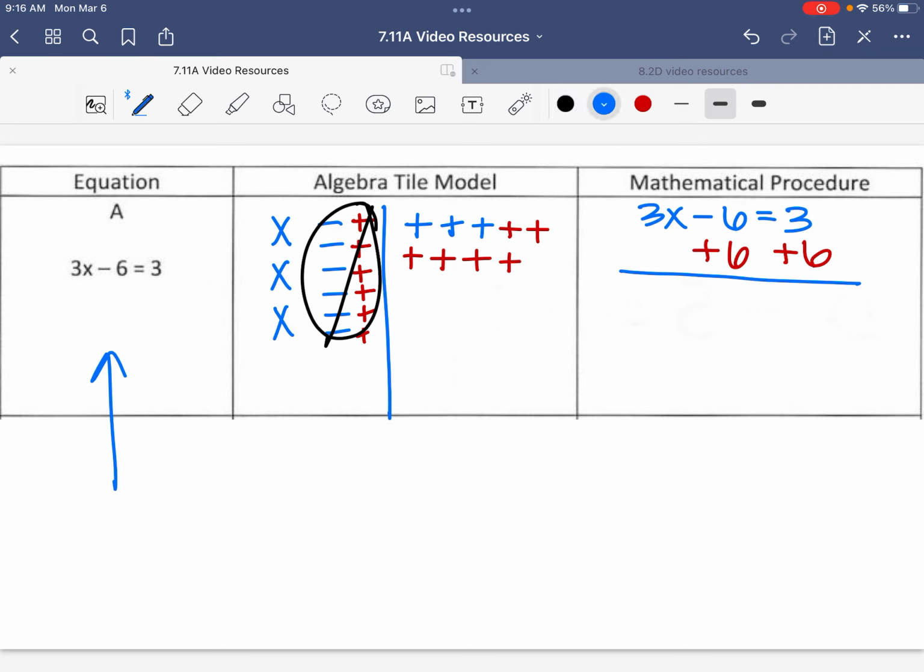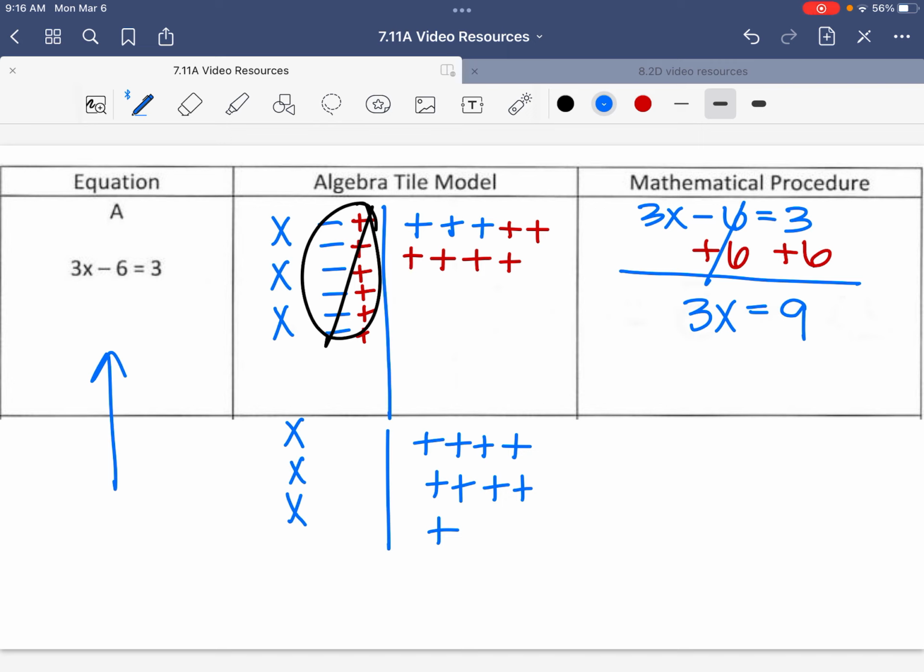I'm going to redraw that down here. 3x's equal to 9 positives. 1, 2, 3, 4, 5, 6, 7, 8, 9. So I can represent that with my mathematical procedure, because again, negative 6 and positive 6 made 0, which left me with 3x is equal to 9 positives.